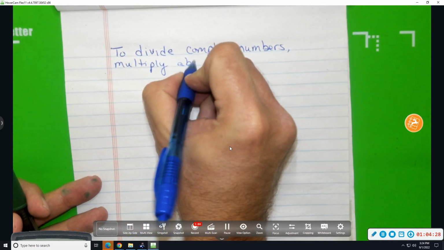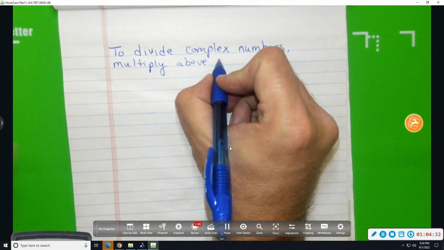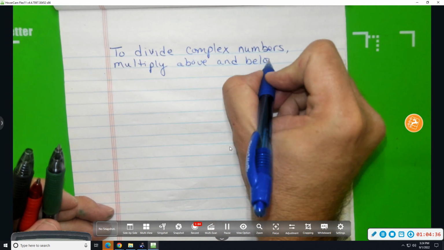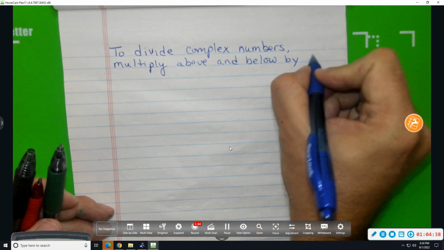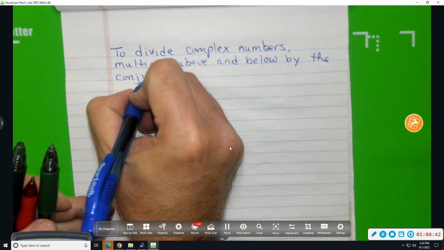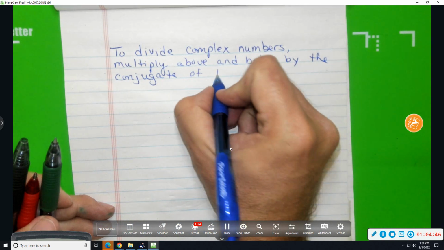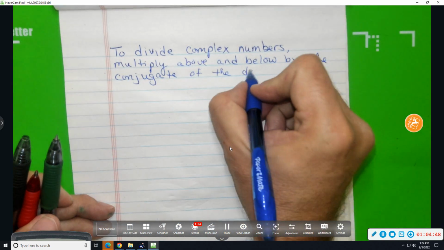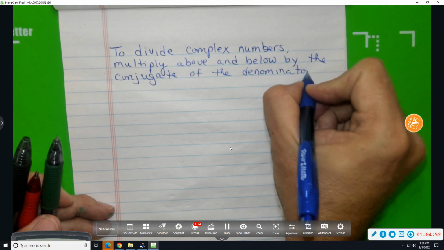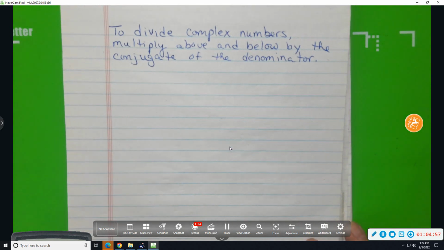To divide complex numbers, it's going to sound strange, but not hard. Multiply above and below by the conjugate of the denominator.